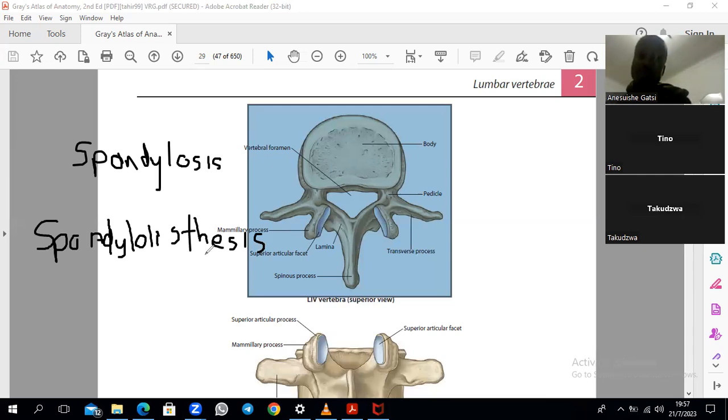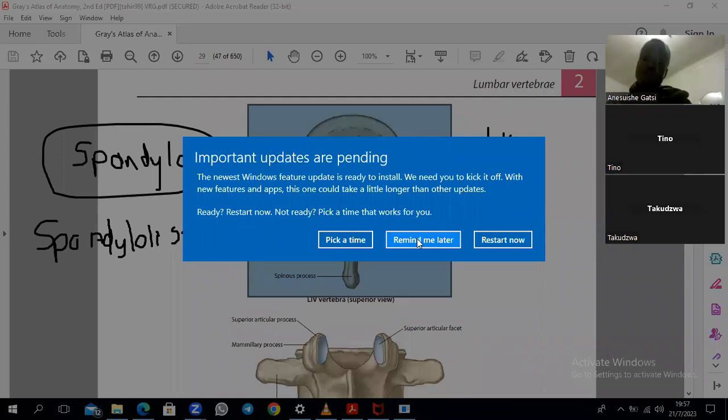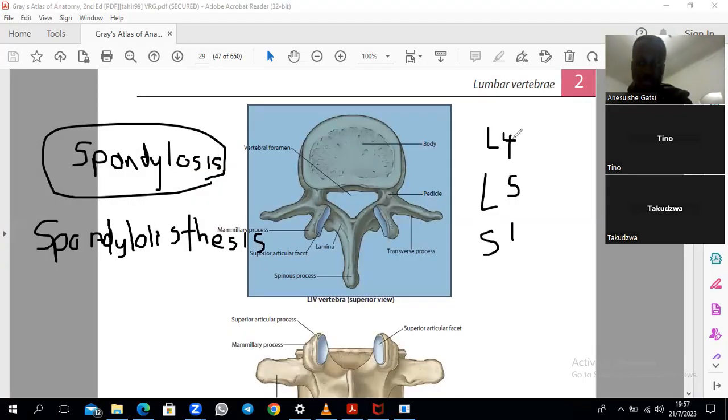In spondylosis, remember the vertebral column is like this. There's L4 here. I'm going to just draw it like this. Then there's L5. Then I go to sacral vertebra. There's going to be S1 there. So for someone with spondylosis, L5, remember, let's use this diagram here.